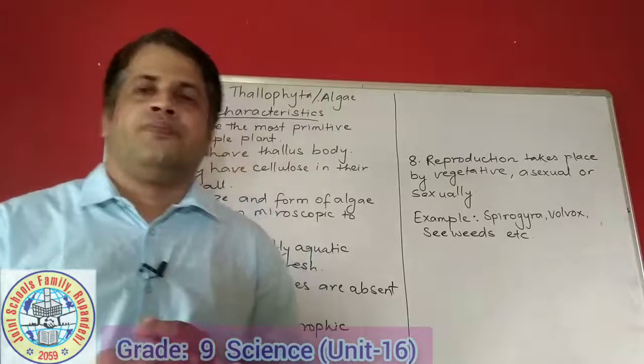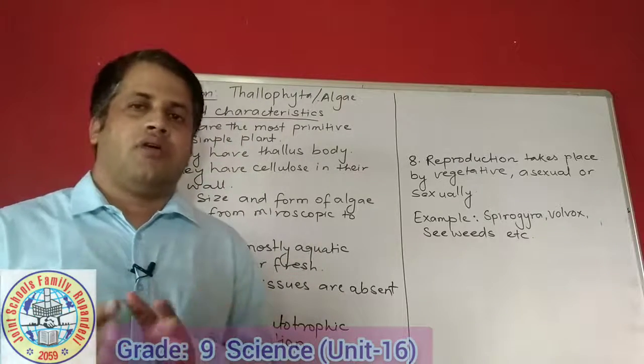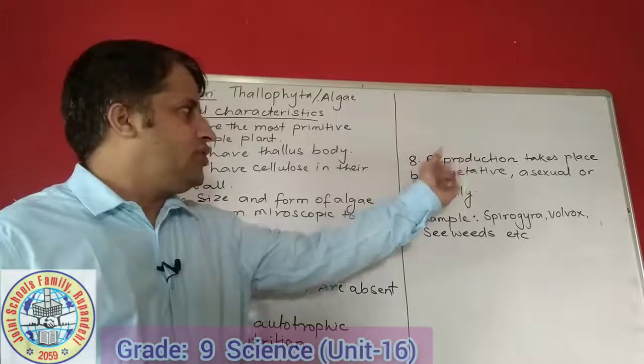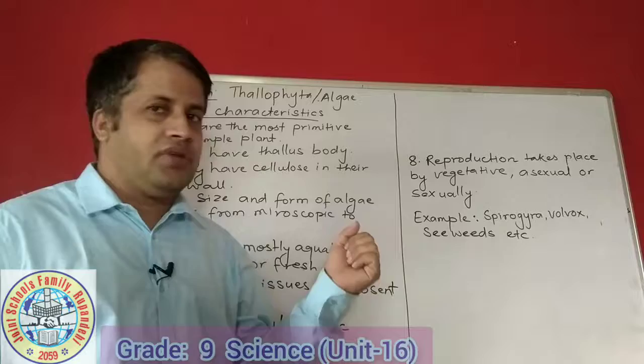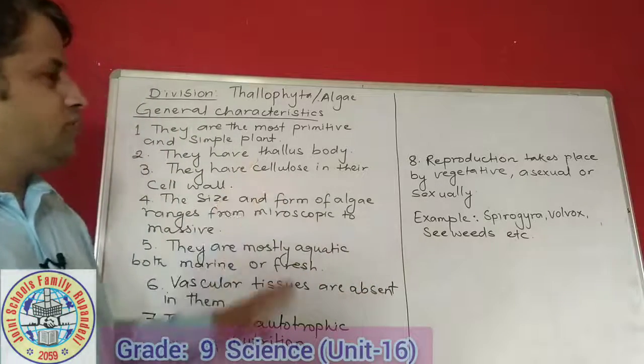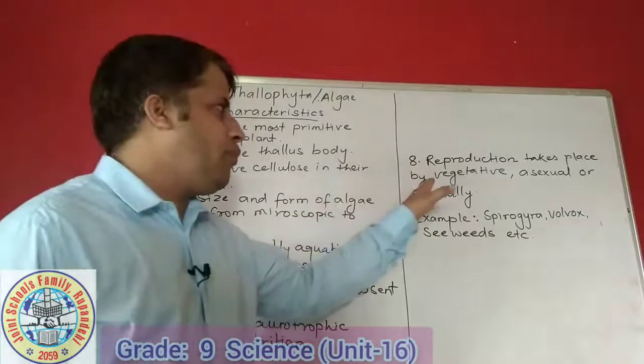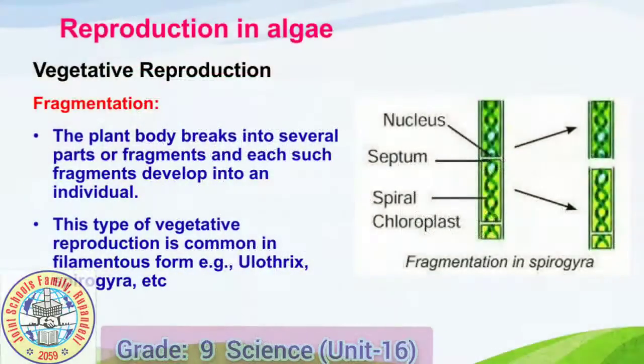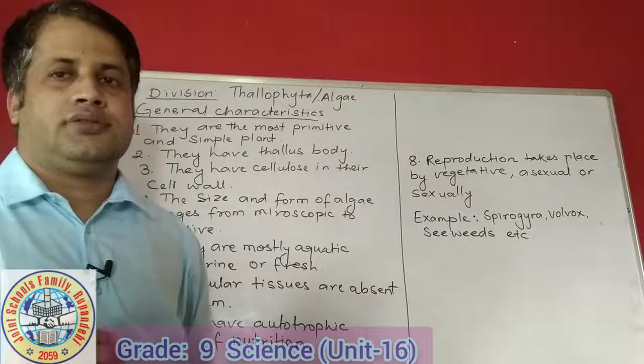Now let's talk about another characteristic, reproduction. Reproduction in the organisms of this division can take place by vegetative means, generally by fragmentation, in which each fragment develops into a thallus and later into a new plant.